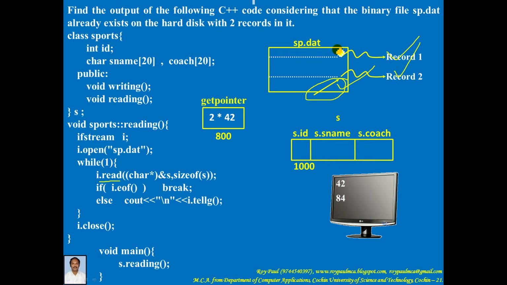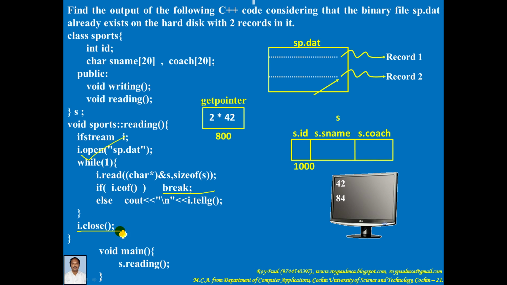Only 2 records are there in this binary file. eof returns 0 if the end of the file is not reached, and on reaching the end of the file it returns 1. Since a record could not be read because the end of the file is reached, the function returns 1. The condition tested here is not equal to 0, so 1 not equal to 0 is true, and this will be executed. Break takes the control outside the while loop.